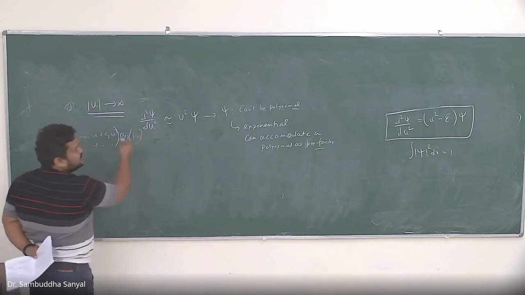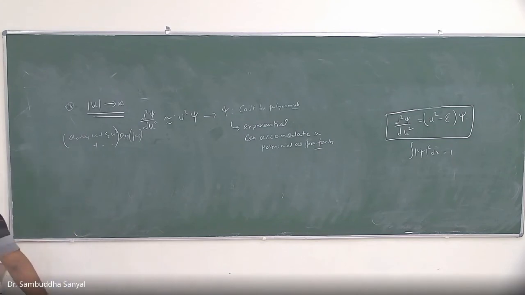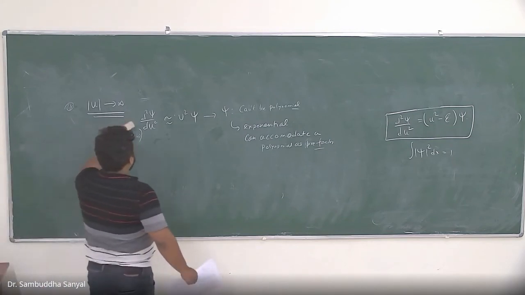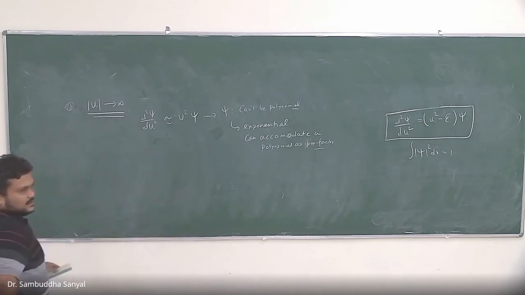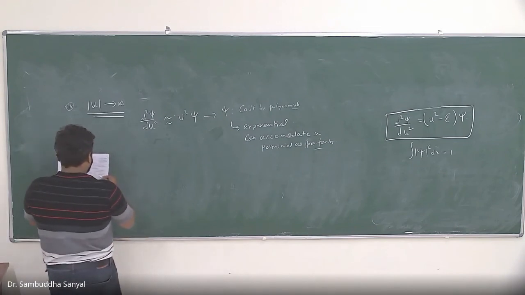It could be u square, u cube, anything. So at least you need this much. That's our guess. Then come up with the simplest trial function which satisfies these two things. The simplest trial function is of this form.